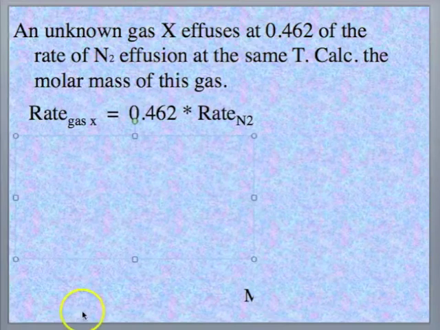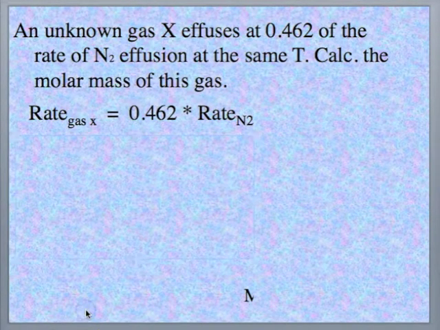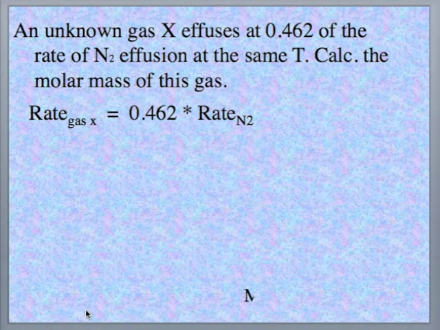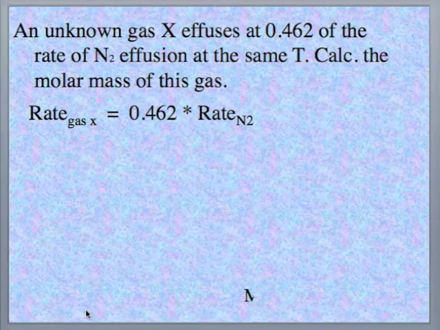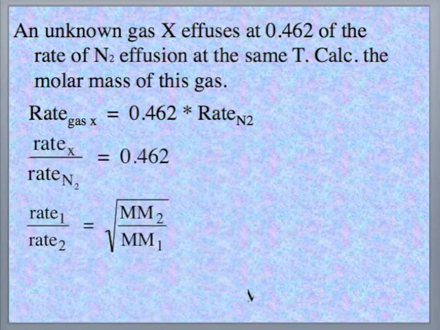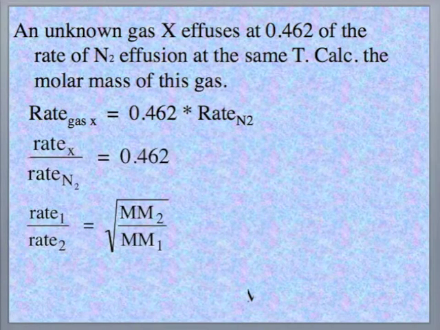So translating that mathematically, it's the same as saying the rate of gas X equals 0.462 times the rate of nitrogen gas. Now we can make a ratio of the rate of gas X over the rate of N2 equaling 0.462.